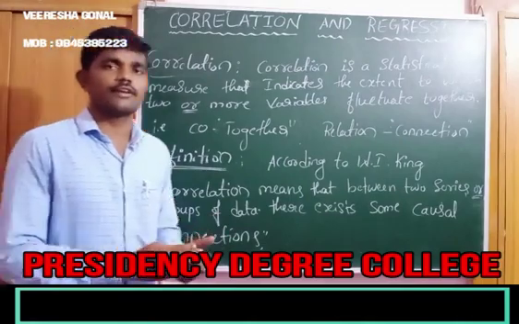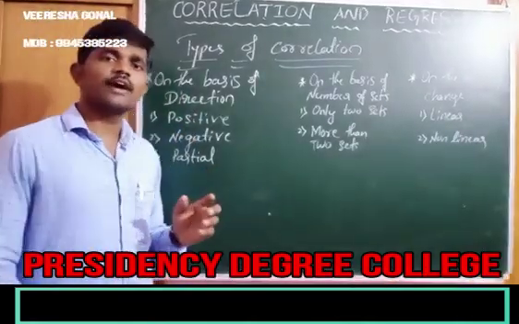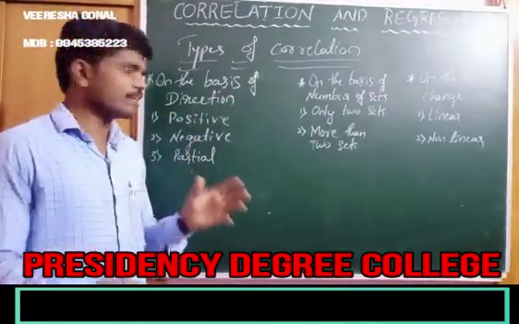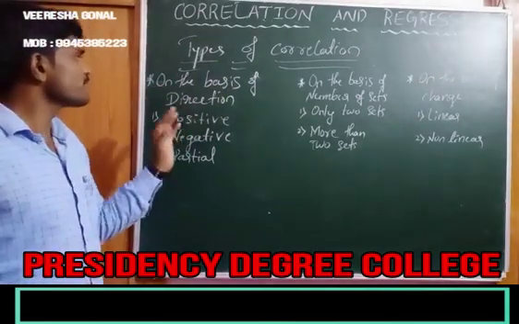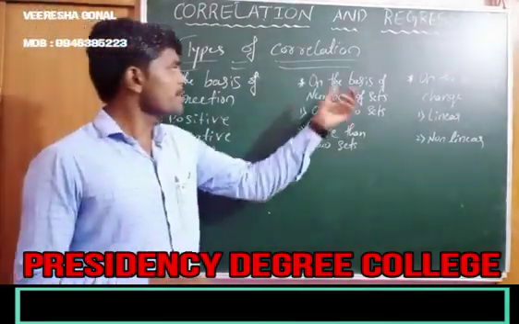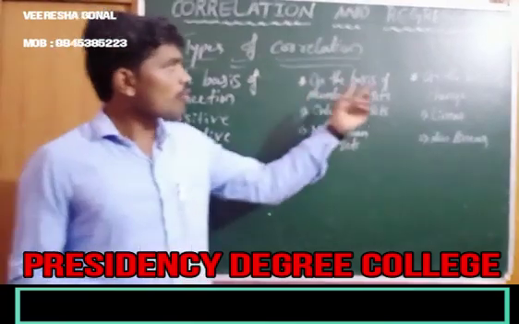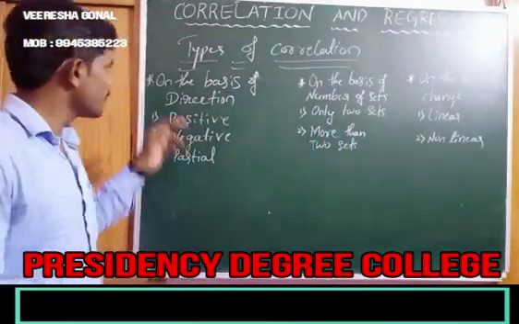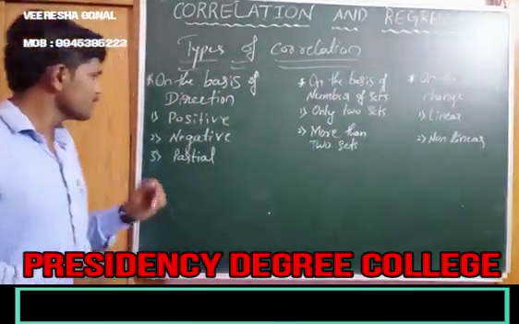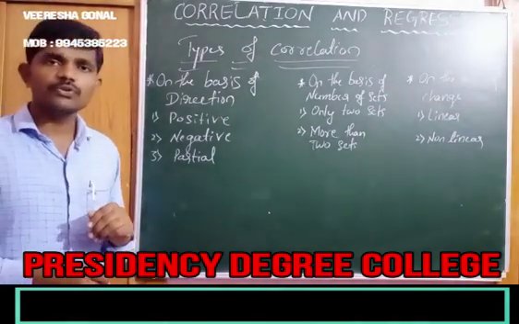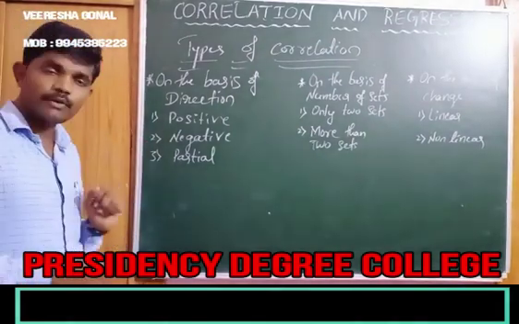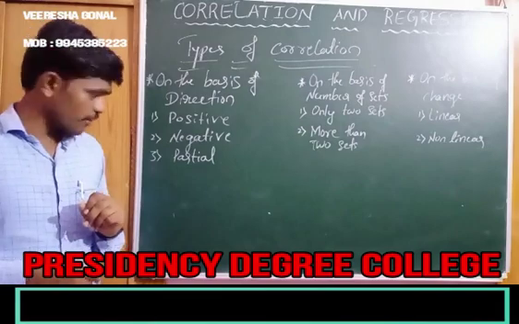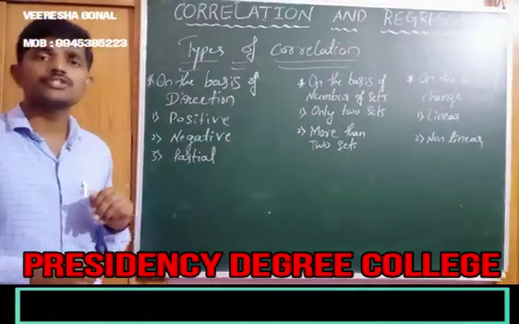In the types of correlation, we have three bases: on the basis of direction, on the basis of number of sets, and on the basis of change. First, on the basis of direction: the first is positive correlation, the second is negative correlation, and the third is partial correlation.